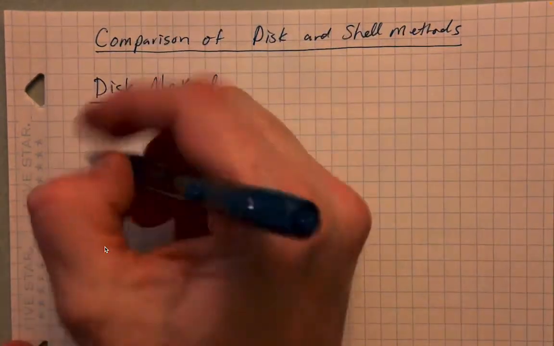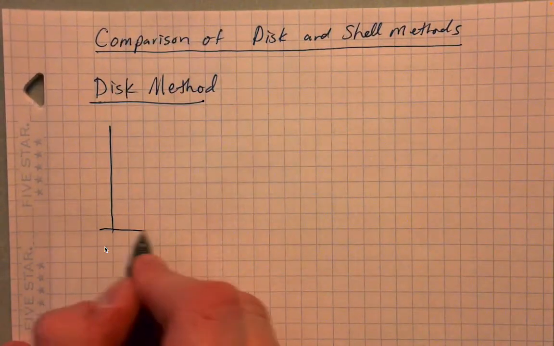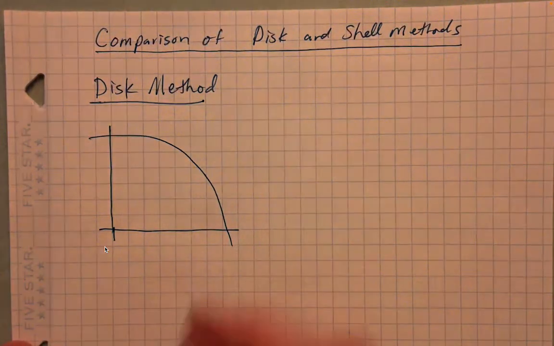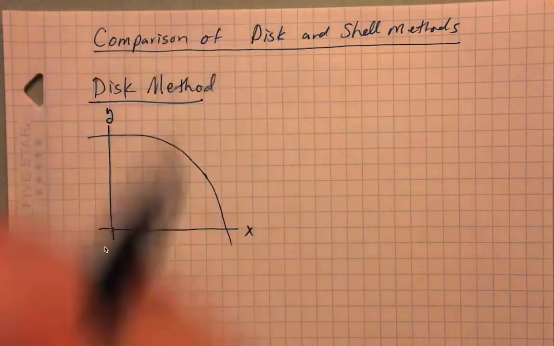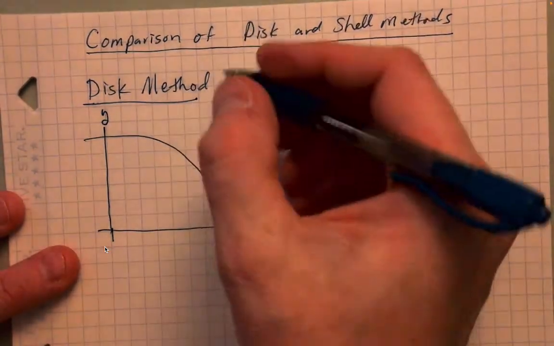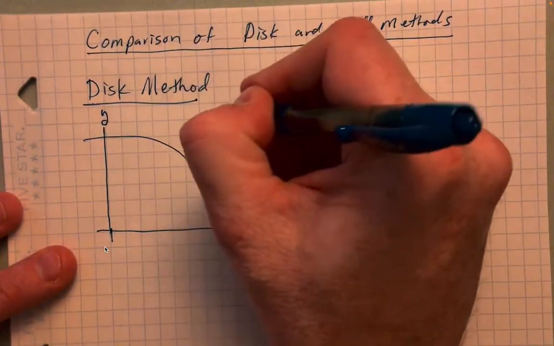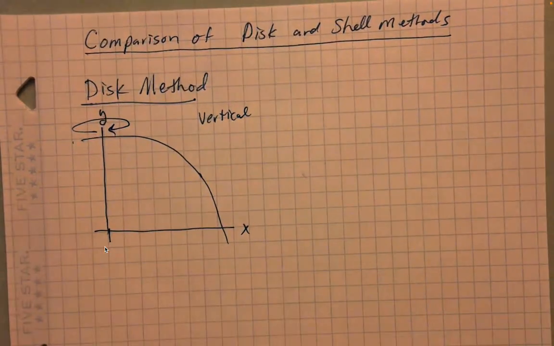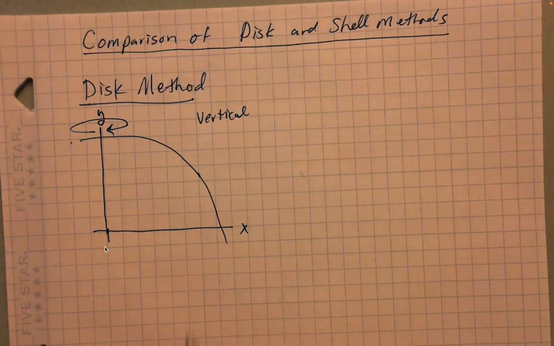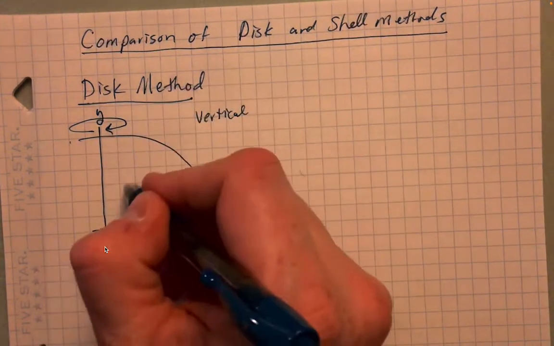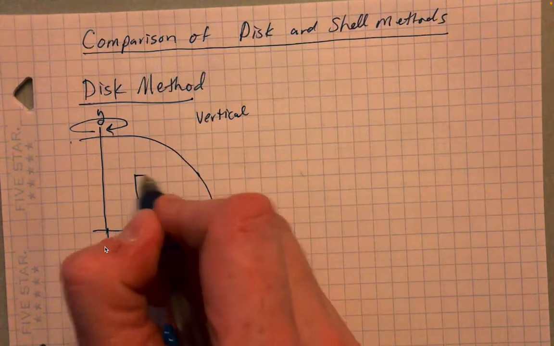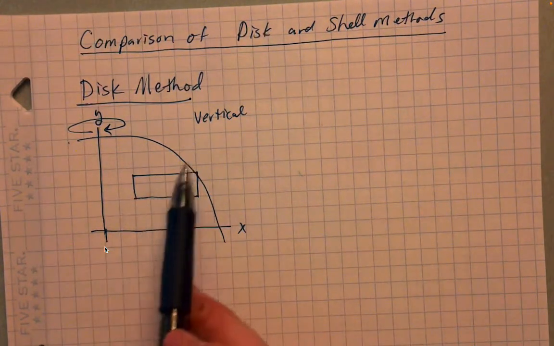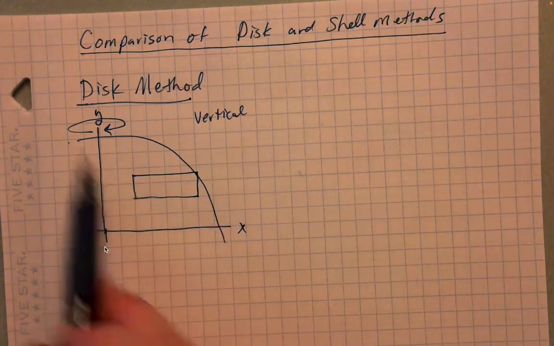Okay, so the disk method, here's the setup. We've got some region, with your x-axis and your y-axis. If the axis of rotation is vertical, meaning we're going to spin around y, then we would have a representative rectangle that is perpendicular to the axis.